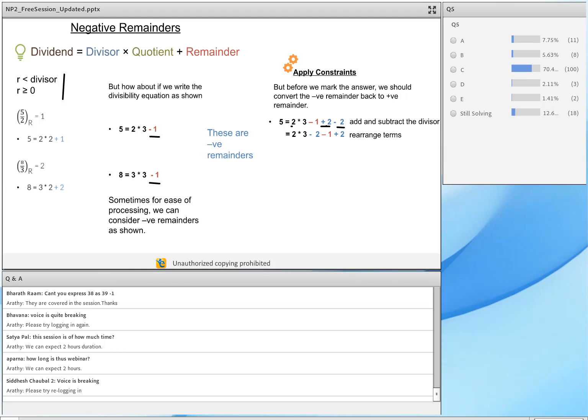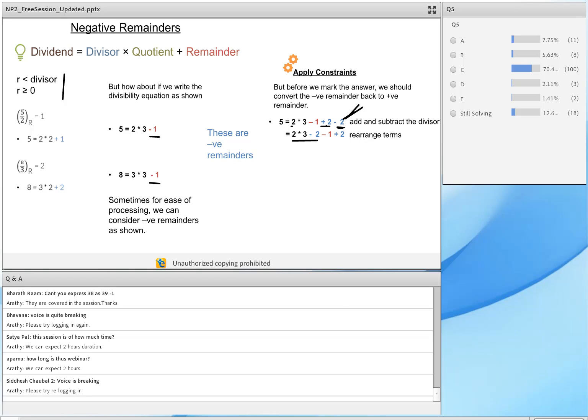So essentially what we really say is 5 is 2 times 3 minus 2. So we take this minus 2 over here, and we bring it right next to 2 times 3.